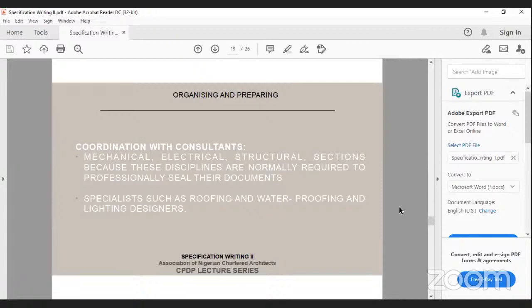Putting a seal on your design, or your specification, or your documentation is saying that you are legally responsible for the information therein. So you may have in your documentation other sections that may also be written by other types of designers, such as roofing designers, waterproofing designers, lighting designers.